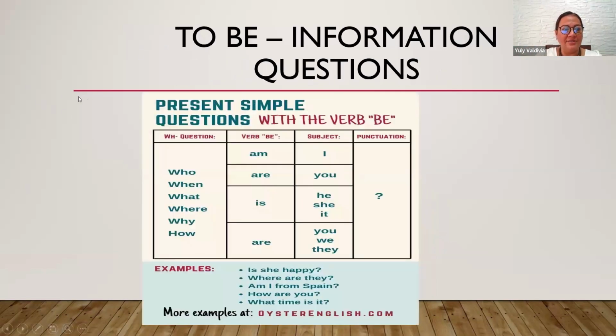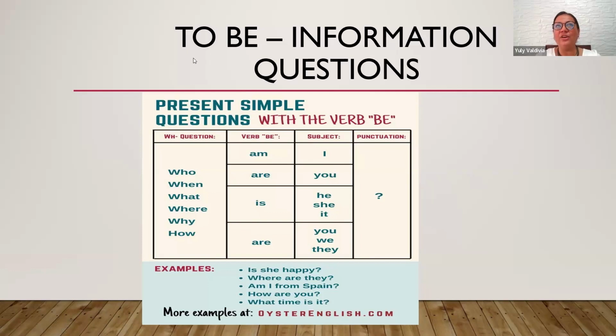Let's go and do some practice. Give me just a moment, guys, and we are going to see the exercise that we have for this. Okay, wonderful. Here we are.